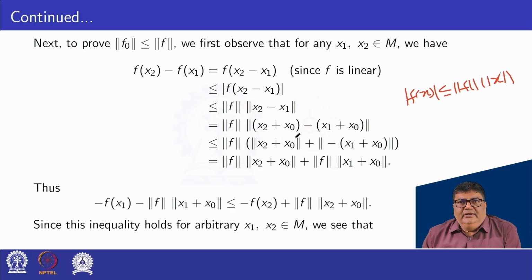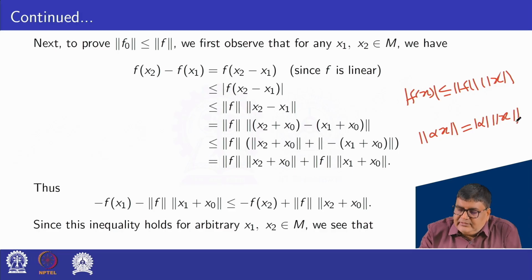Okay, this expression can be written as norm f into norm (x2 plus x0), and this can be written as norm f into norm (x1 plus x0), because norm of alpha x equal to mod alpha norm x. Here alpha is minus 1, that is mod minus 1, that is 1.